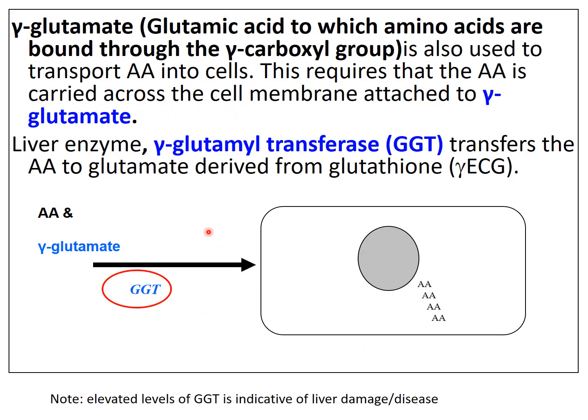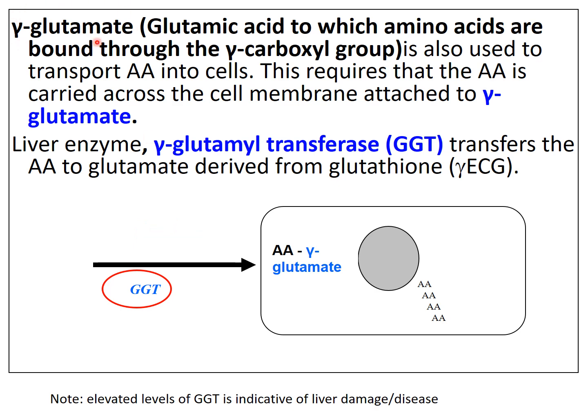So another transport system, which is called the gamma glutamate transport system, is actually using an amino acid, glutamic acid. And amino acids bind to the glutamic acid, and they are transported into the cells. Now, what is specific about it?